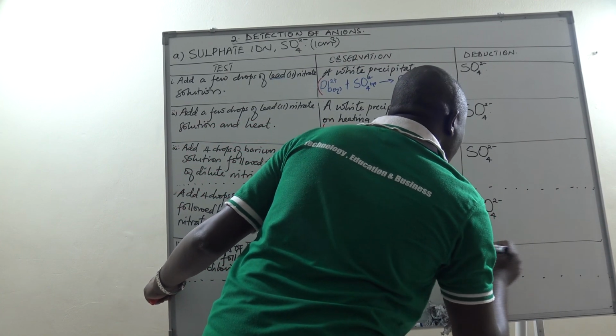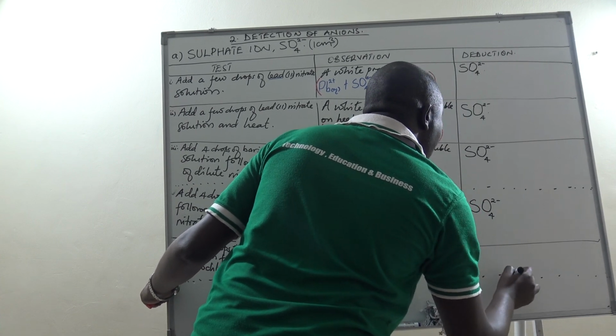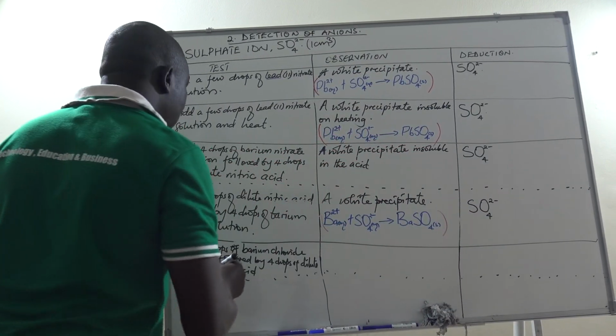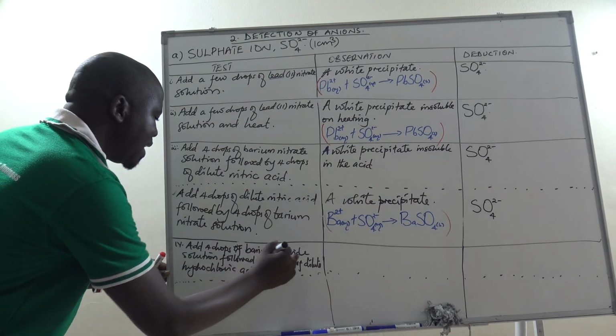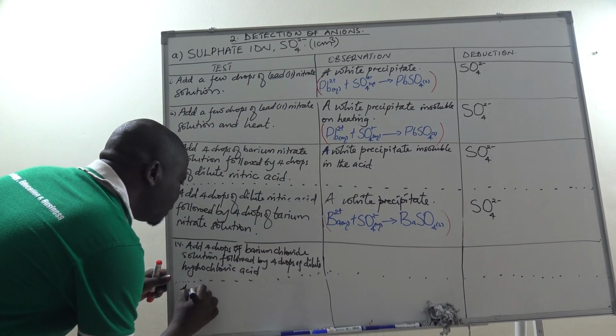So in another test, we can also try to reverse the order by starting with the dilute hydrochloric acid.